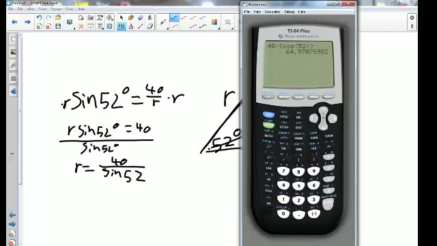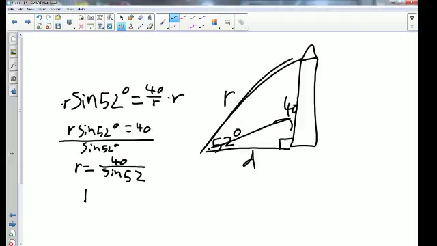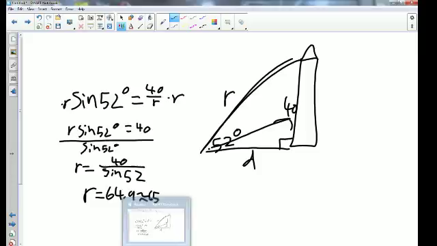You're left with 64.9, which is about 65 feet. So R is about 65 feet.